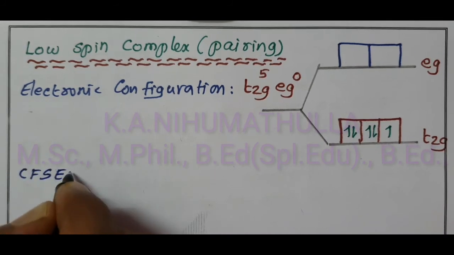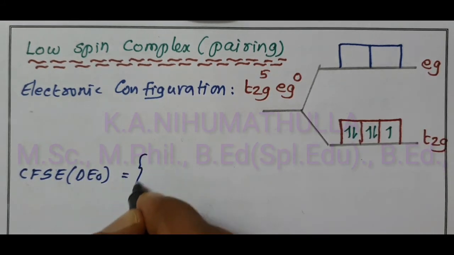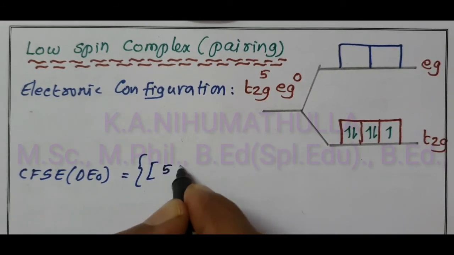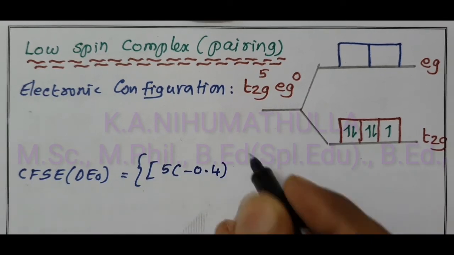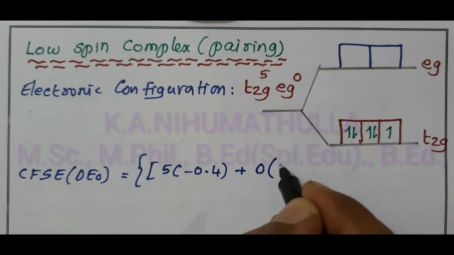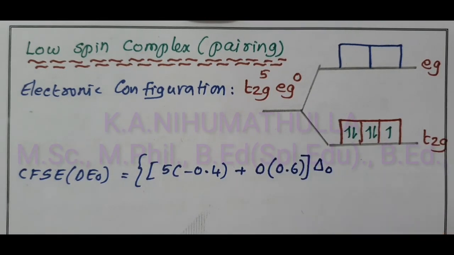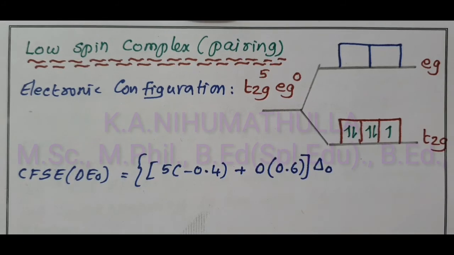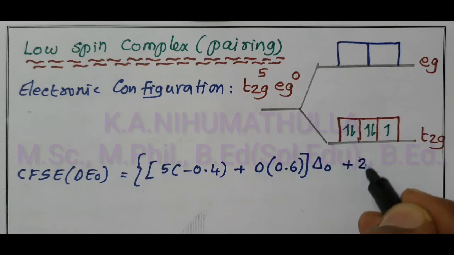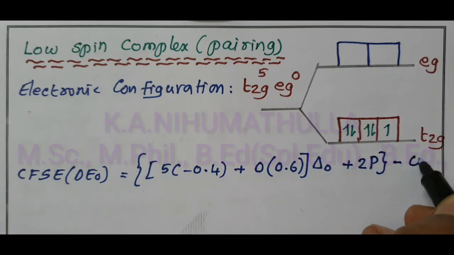stabilization energy of the low spin complex, which is equal to: first, the number of electrons in the t2g orbital is 5, with minus 0.4, plus the number of electrons in the eg orbital, 0, with 0.6, and the crystal field splitting energy for the octahedral complex delta O, plus the number of paired electrons, which is 2 (1 plus 1 equals 2), and the pairing energy, minus E isotropic.